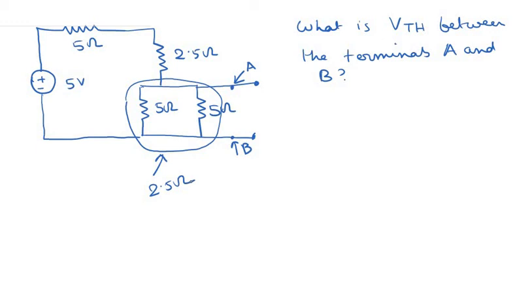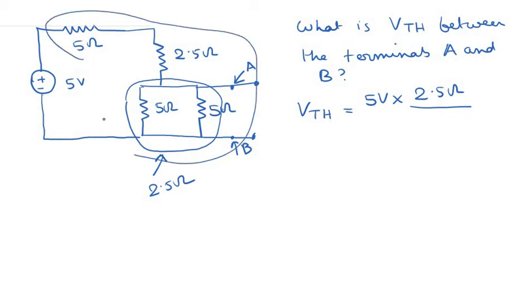So what is the value of the voltage between the two terminals A and B? This is basically 5 volts into this 2.5 ohm over here, divided by the entire resistance of this part.